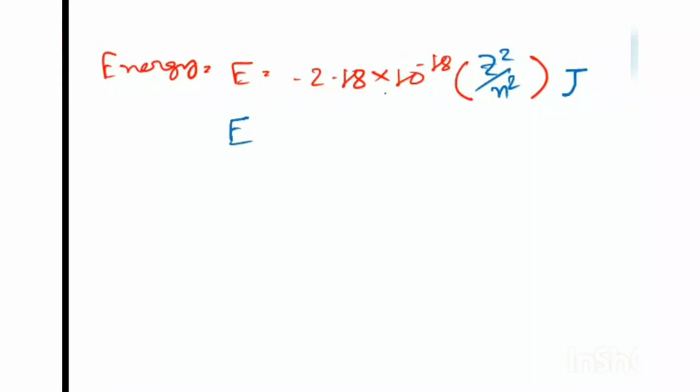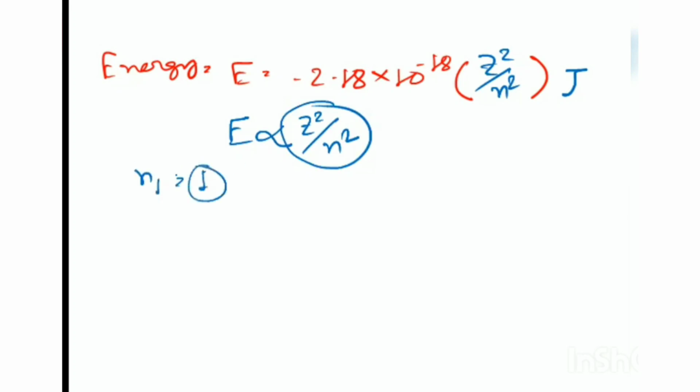If the values are given, you can just conclude it, but it is not that simple. We have to know that this energy is directly proportional to Z square by n square. Now they will ask you that if an electron goes from n1 equal to 1 to n2 equal to 2, what will be the energy variation?